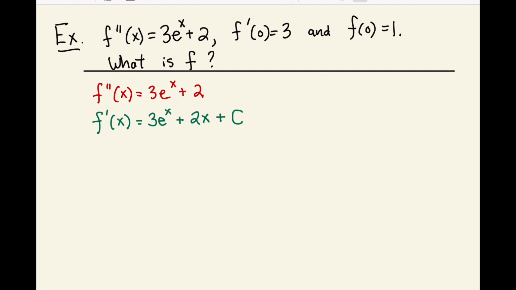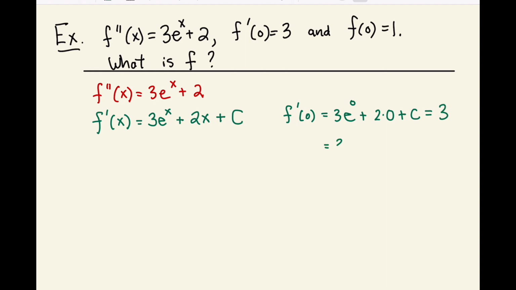Okay. So now we were also given that f prime of 0 is 3. So I'm just going to use that information here. F prime of 0 is equal to 3e to the 0 plus 2 times 0 plus c, and that is equal to 3.